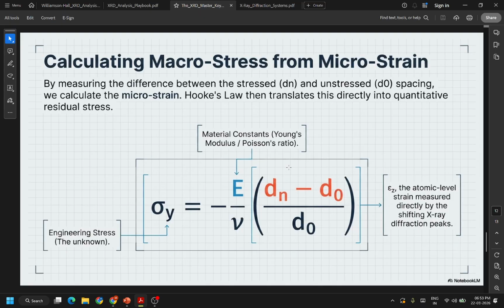So calculating macro stress from micro strain. By measuring the difference between the stressed and unstressed spacing, we can calculate the micro strain, and using Hooke's law, we can translate this directly into quantitative residual stress. Sigma is your engineering stress, E is your Young's modulus, and mu is your Poisson's ratio.